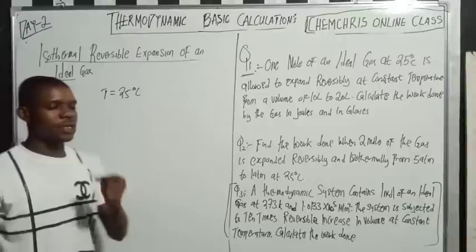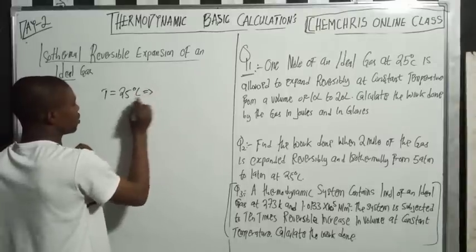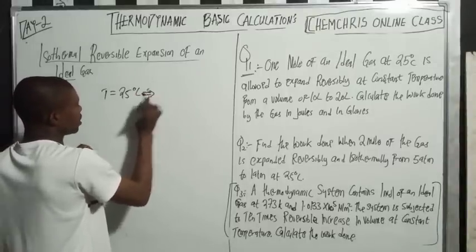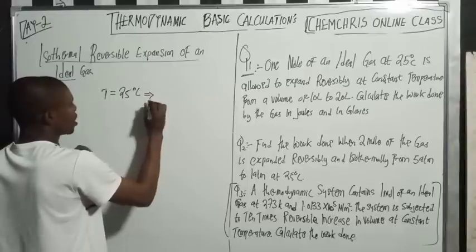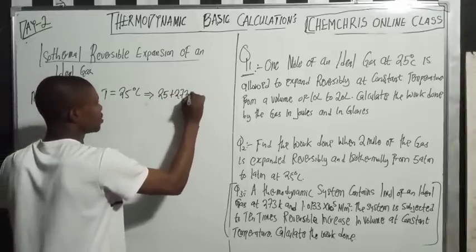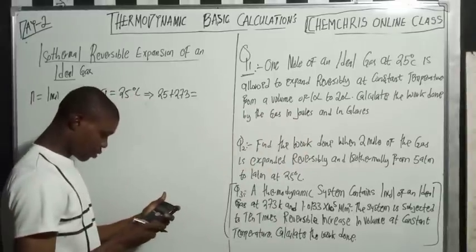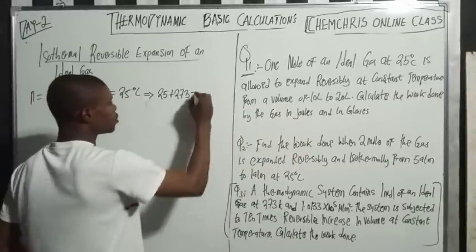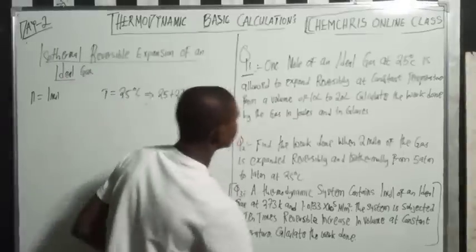Remember, I must convert centigrade to Kelvin by adding 273. So if you convert the Celsius scale to the Kelvin scale, it's going to be 25 plus 273. What is the answer? Here we have 298 Kelvin. You see that?